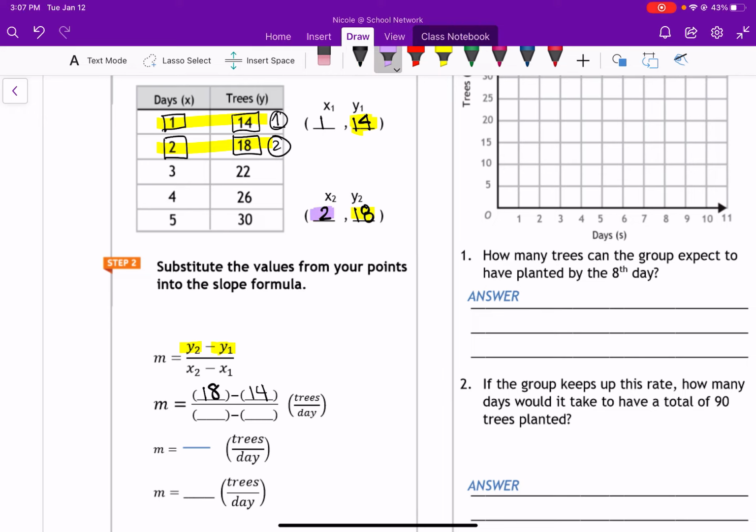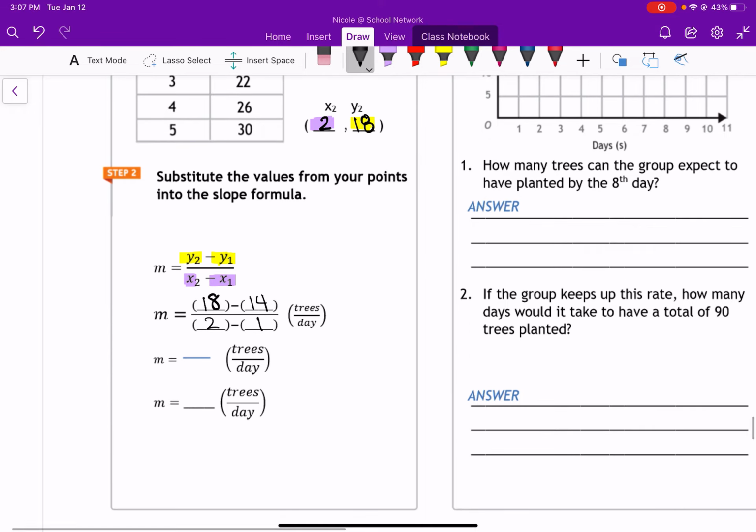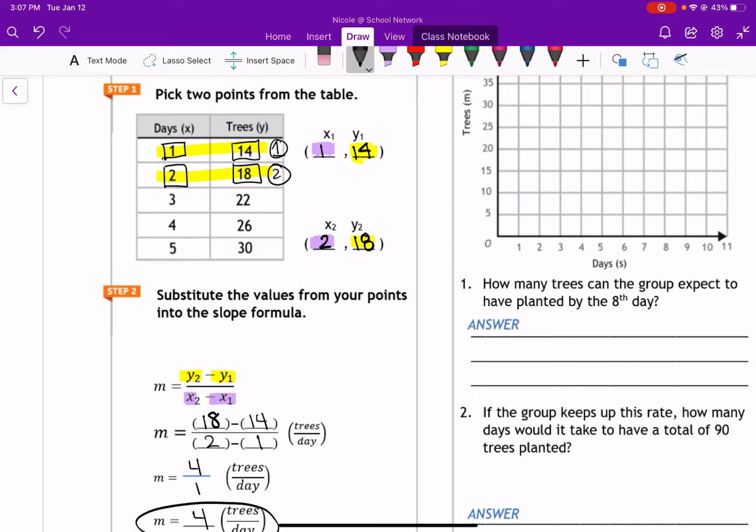And then x2 is 2 minus x1 is 1. So here 18 minus 14, that's just 4. And then 2 minus 1 is 1. So 4 divided by 1 is just 4. So the slope is 4 trees per day. So with each day we're increasing by 4.